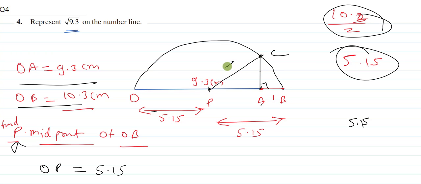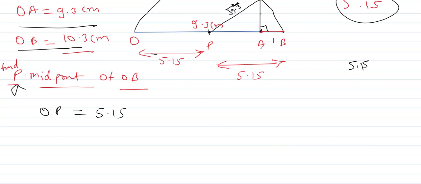This distance will be root 9.3. Take this distance in your compass and form a number line, taking each consecutive number at a distance of 1 centimeter.